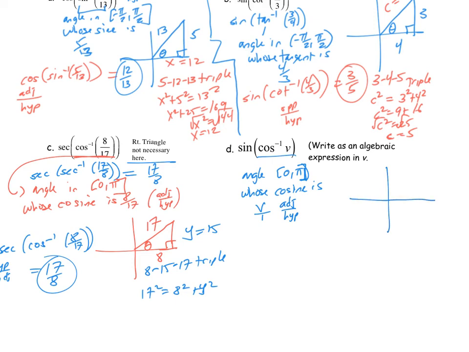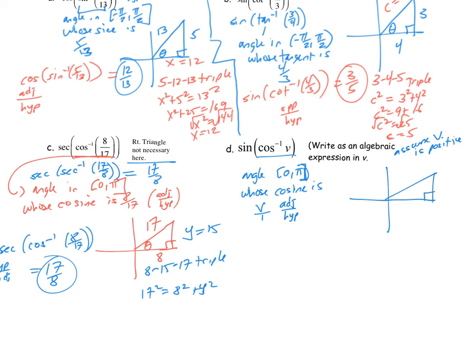So I'm going to make a little right triangle, and I'm going to assume that v is positive for this, so that cosine is positive, so that'll be in the first quadrant.